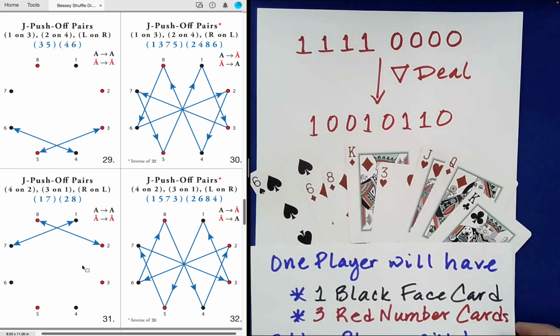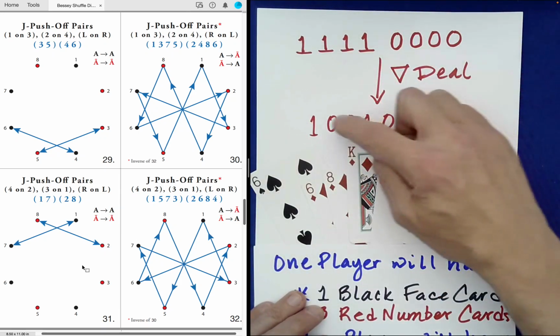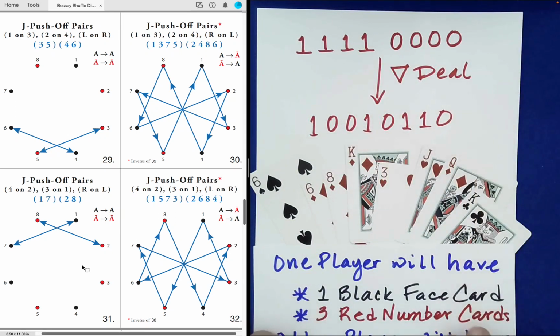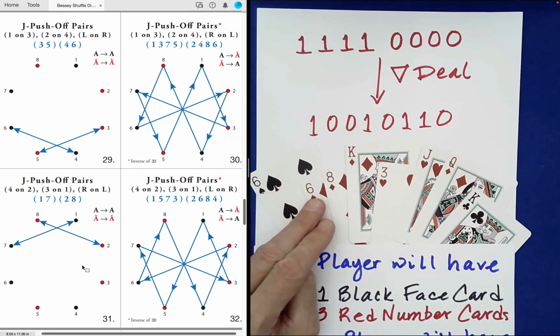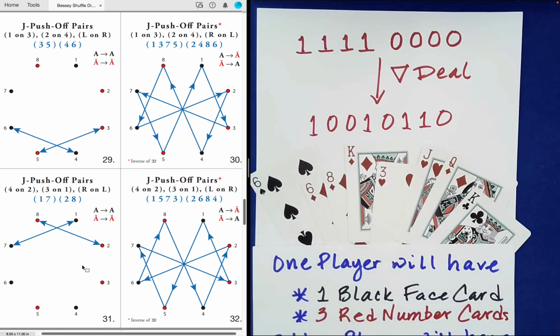Now what that would leave us for the zeros, which are in positions 2, 3, 5, 8, will be the other half of this prediction. Namely, we were looking at a red 6, a red 8, a red 3, so 3 red number cards, and then a black face card.